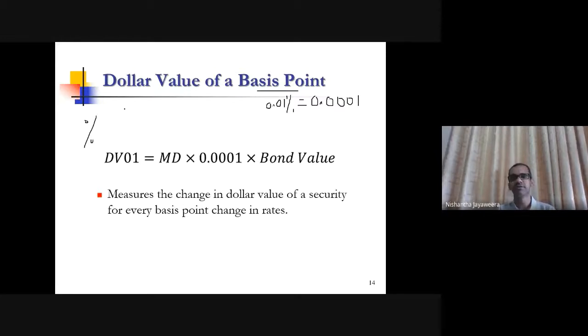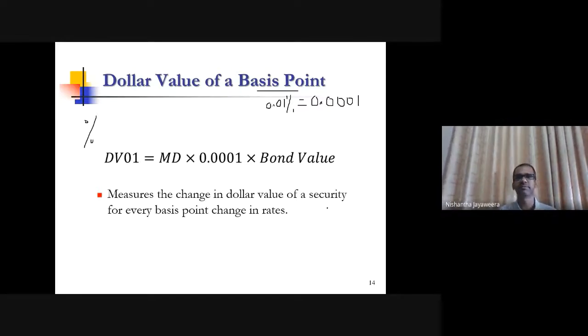So the idea of this dollar value of a basis point is, if the yield changes by 0.01%, what would be the change in value of your bond? Then straight away it gives you a dollar value or a rupee value, whatever the denominated currency.